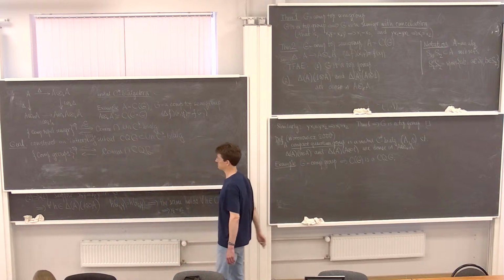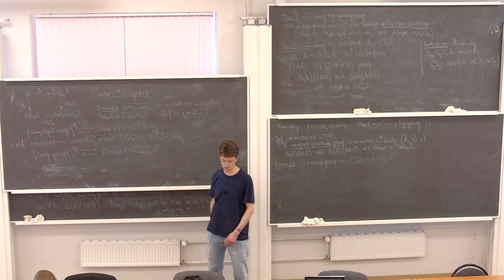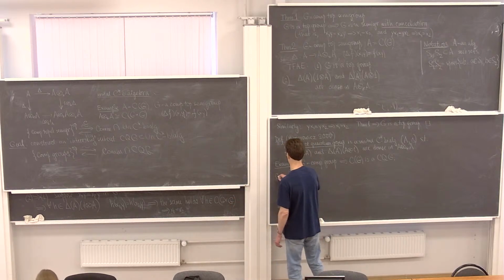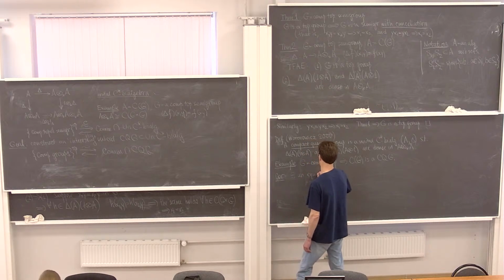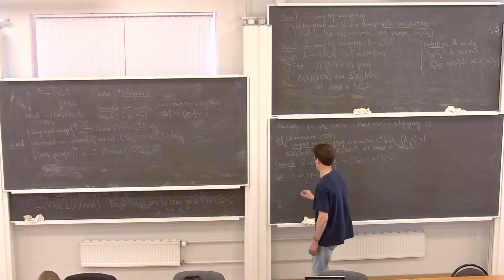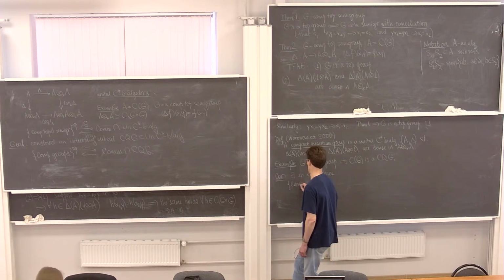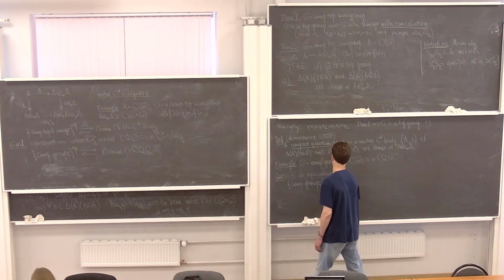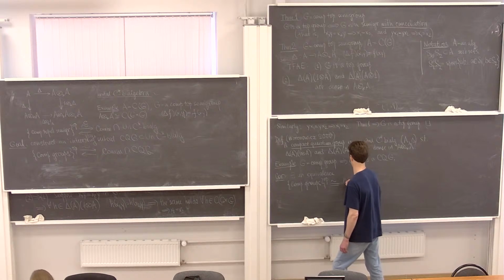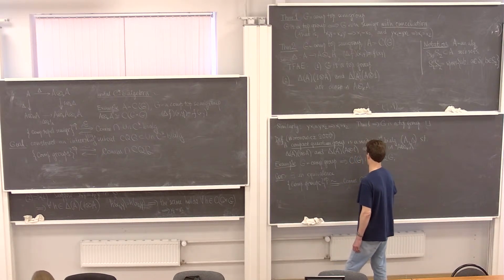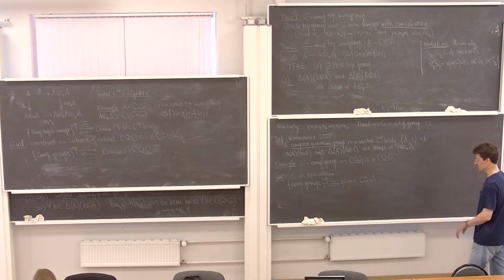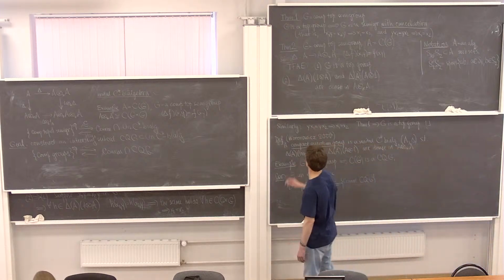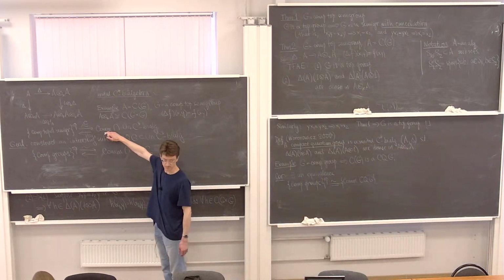So our category of compact quantum groups satisfies this condition. Corollary: there is an equivalence of categories. The dual of the category of compact topological groups is equivalent to the category of commutative compact quantum groups. So this follows from theorem 2 and from this equivalence.